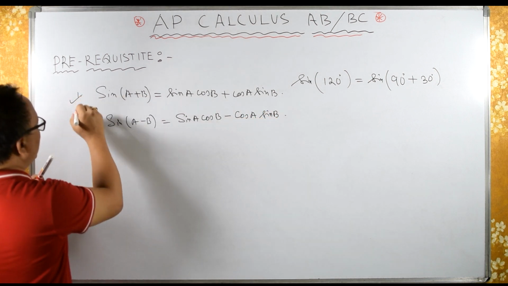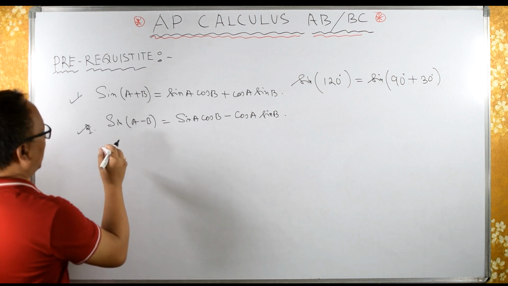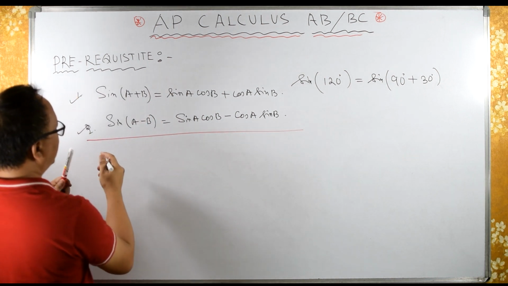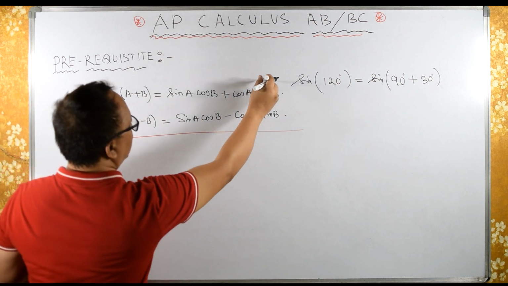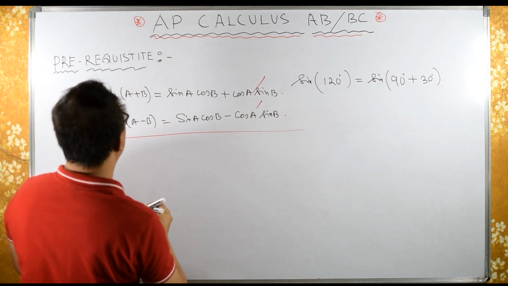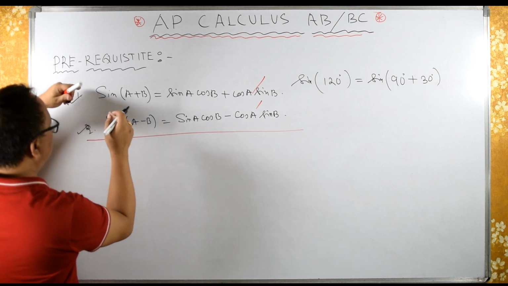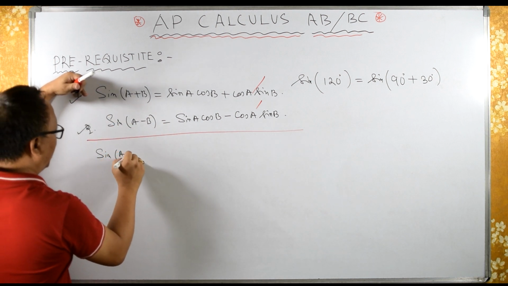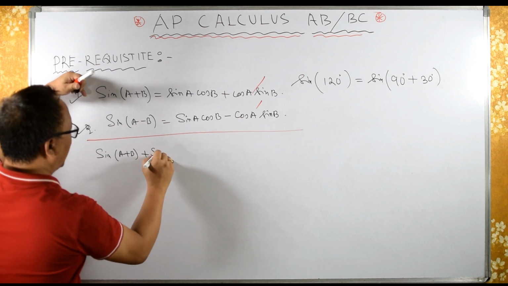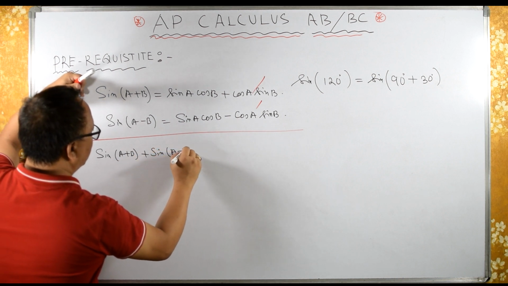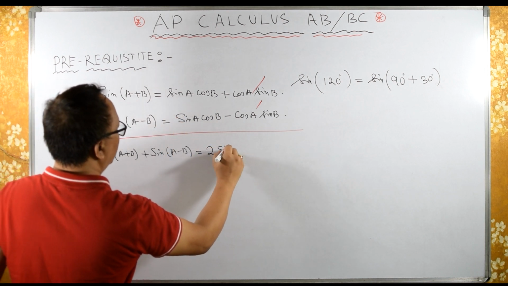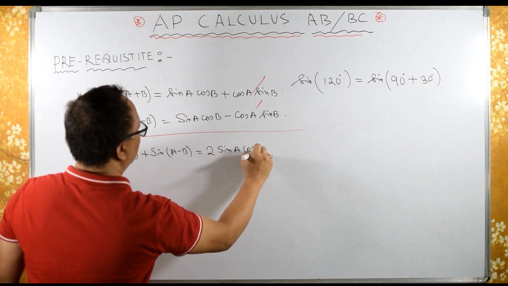These two formulas are very important. Now if I add these two, this term and this term get cancelled, and what I will have is this plus this. So sine of a plus b plus sine of a minus b equals twice sine a into cos b.